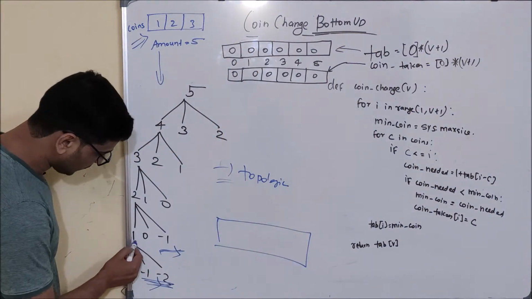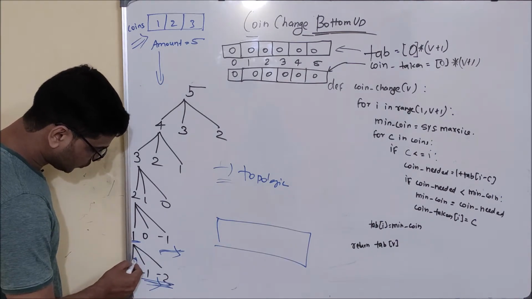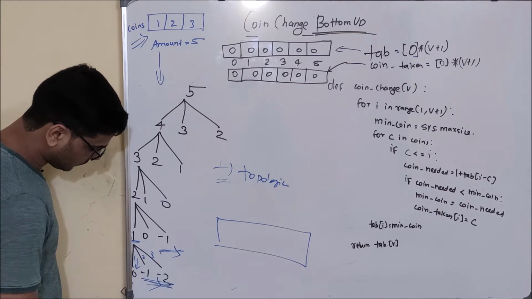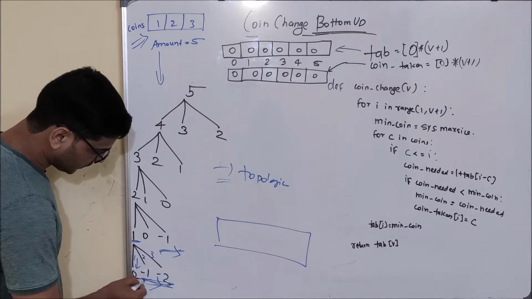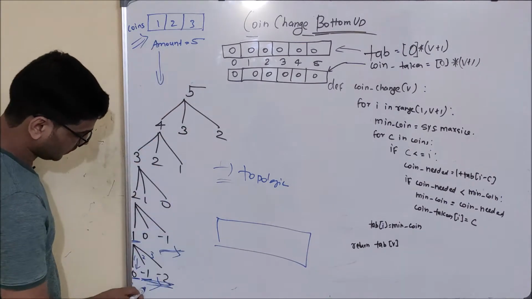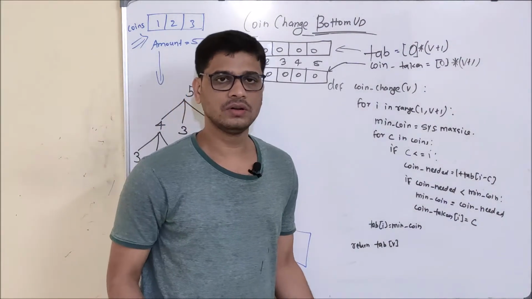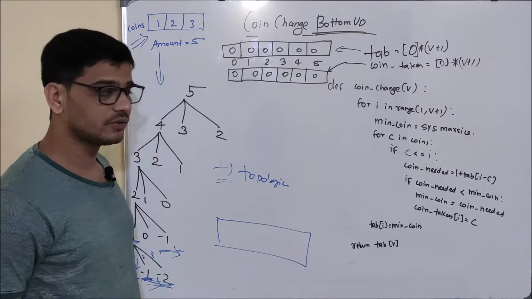So what is happening here is, I have an amount of 1 and I have 3 coins, 1, 2, 3. When I take a coin of denomination one, I will be left with 0, and here I am taking the 2 rupee coin, so I am making a call to -1. But is it a valid one? No. So whenever it is negative, we are not going to take it.